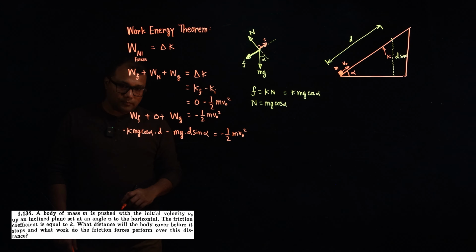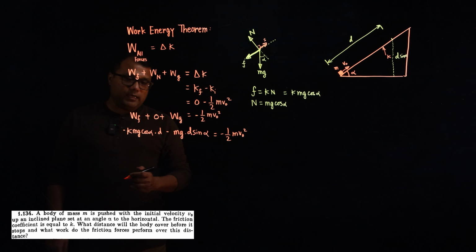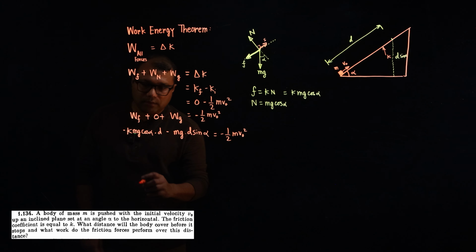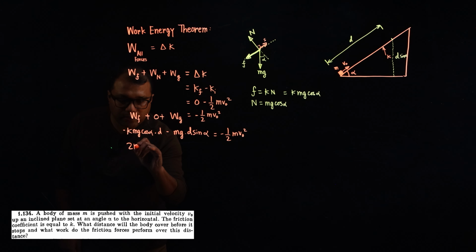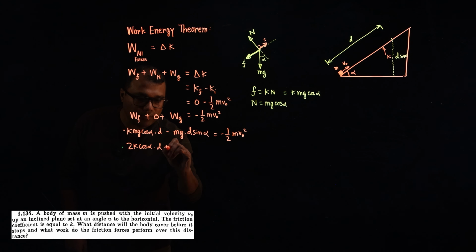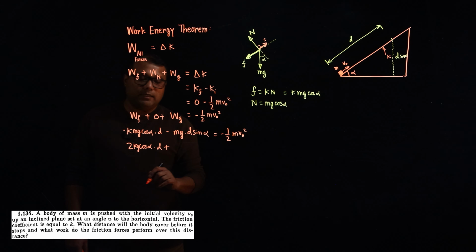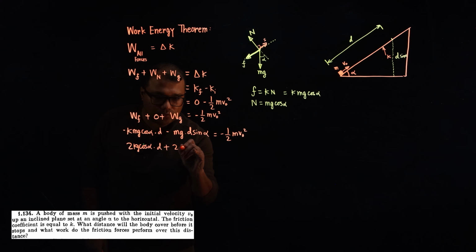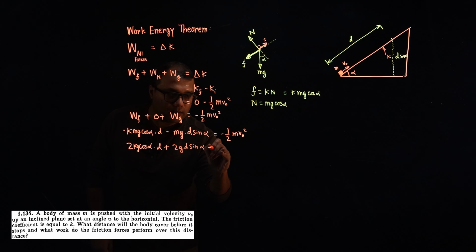Okay. So m we can cancel out on both sides. So we can write 2kg cos alpha times d plus 2g d sine alpha is equal to v0 square.